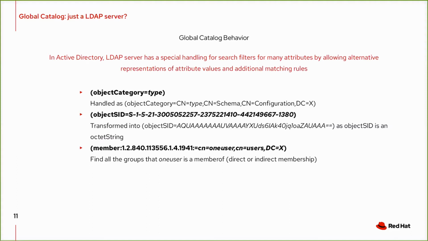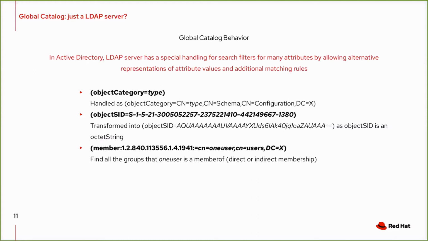It's the same thing for a search filter using the object SID. The object SID is an octet string attribute, but it's possible to use a search filter that is using its string representation instead of the octet string.